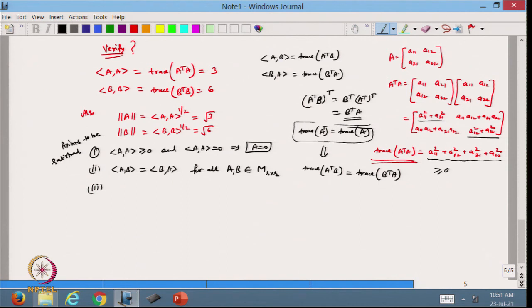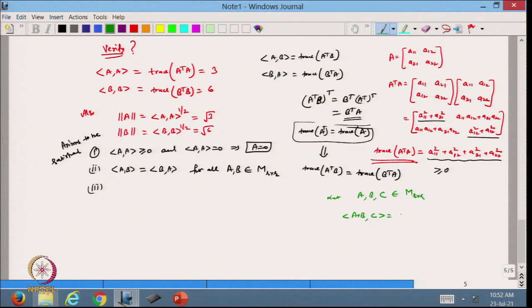Now from here I know one more thing. Suppose we have matrices A, B, C belonging to R cross R, and I want to take A plus B and C in a product.